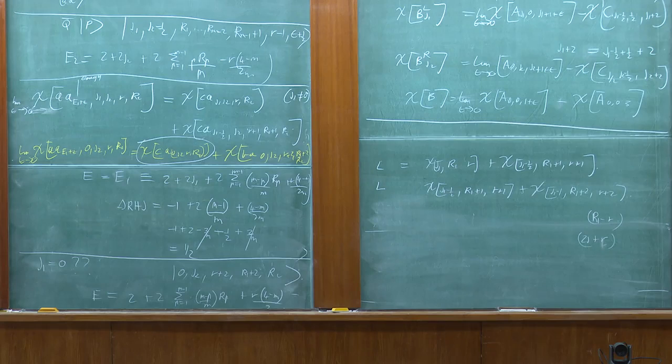So the number of long representations that relate the representations with given R1 minus R and given 2J plus R is finite. Is this clear? At one end the equation will be this second. Exactly. At one end it will be the second guy.